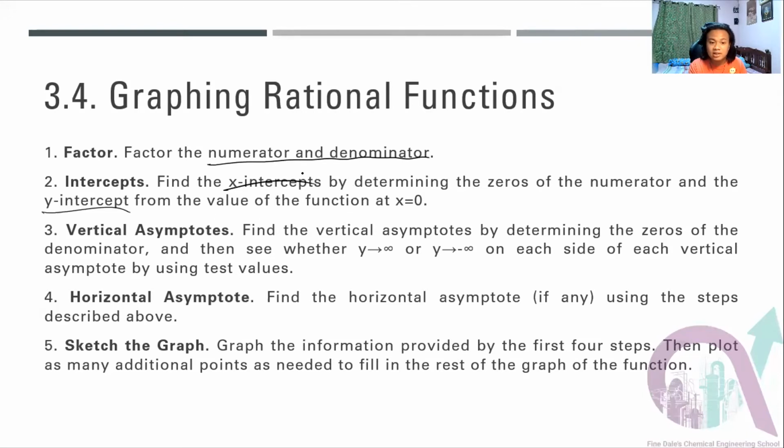For the y intercept, we set x to 0. Okay? Vertical asymptotes: how can we find that? Just factor the denominator and get the zeros. Okay? Horizontal asymptote: find it, if any, using the steps described in the previous slide. Then sketch the graph. Okay?